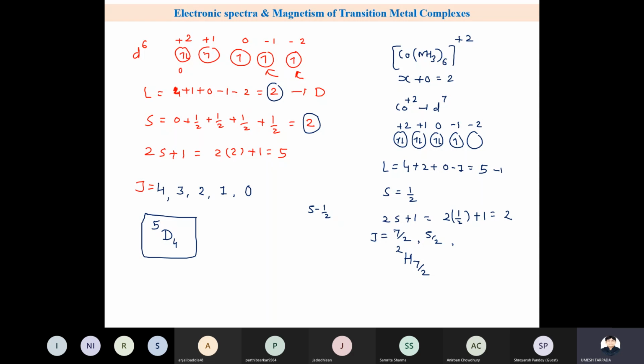And what is L plus S? 5 plus 1/2, that is 11/2.